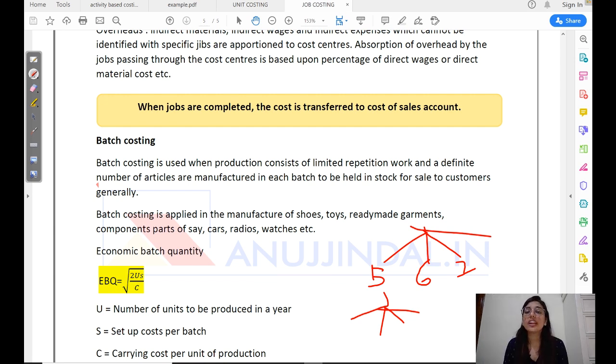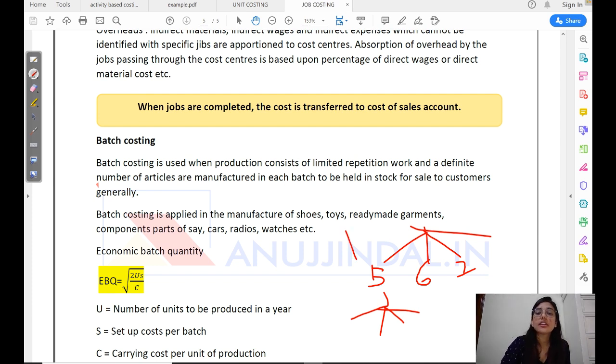So here what we are doing is we are preparing a definite number of articles, a definite number of shoes, so that we can hold them in stock, and then we can further sell them, right? So this is nothing but batch costing. Here what you do is you prepare a batch lot and you manufacture that batch, right?